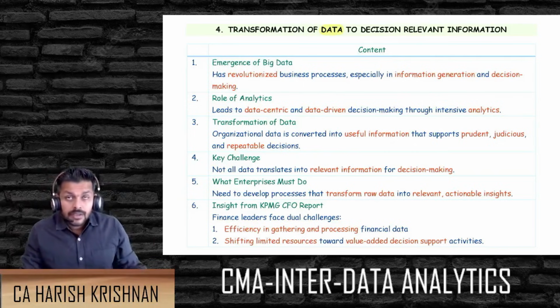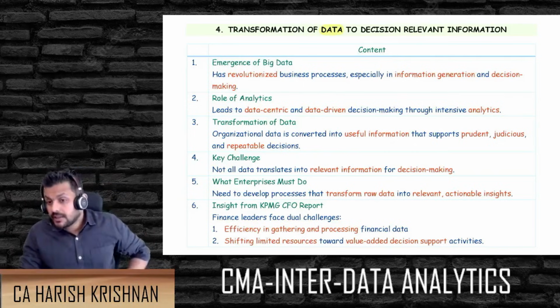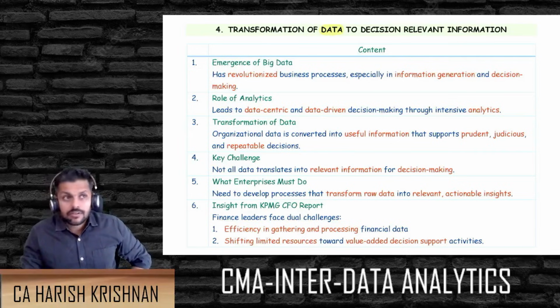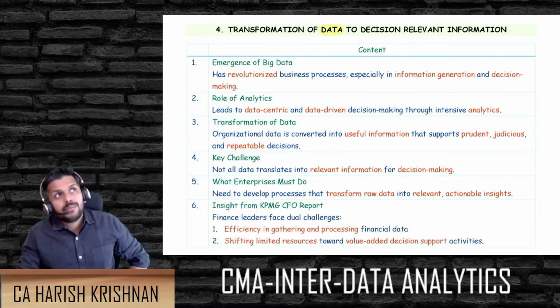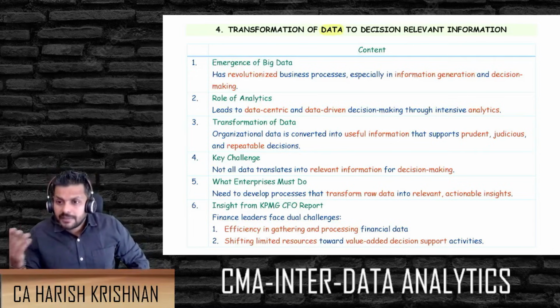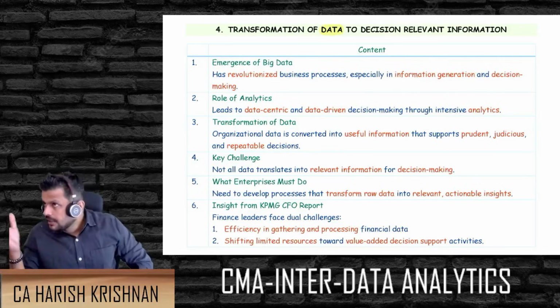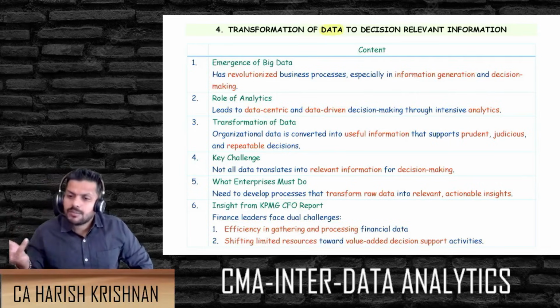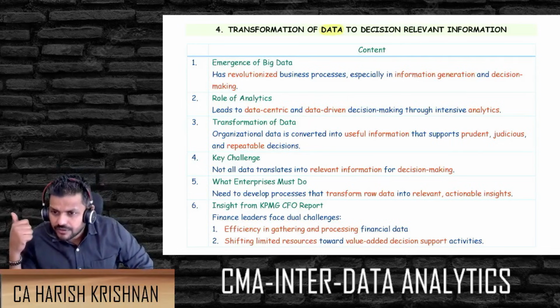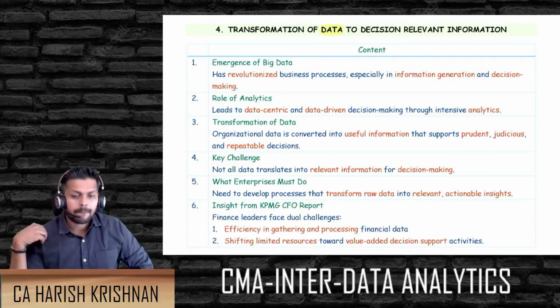Now, when randomly you saw one board like that, class is starting on the 25th, which class is starting on the 25th? Sir, in this building one IAS academy is there. Maybe they put the board. Sir, one CMA academy is there. Maybe they put the board. We don't know. But class is starting on the 25th. The raw fact. You know the definition, right? Raw facts and figures are called data.